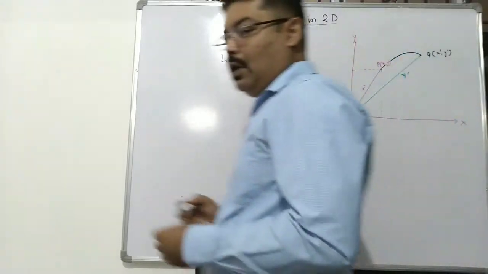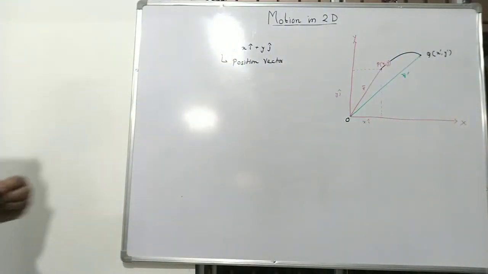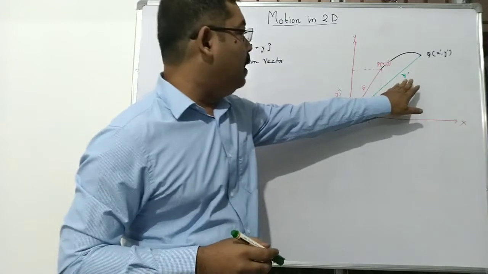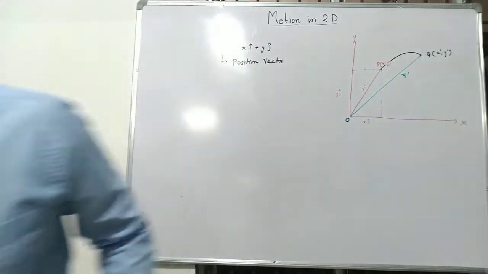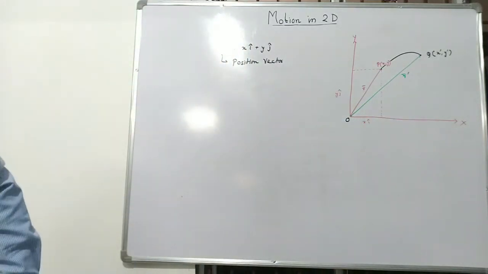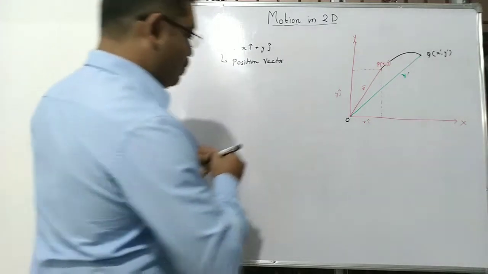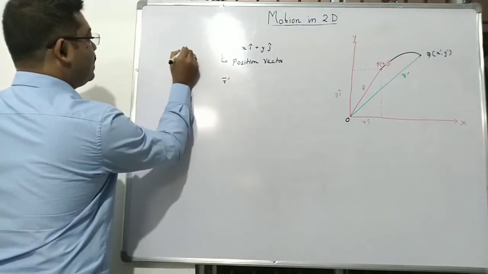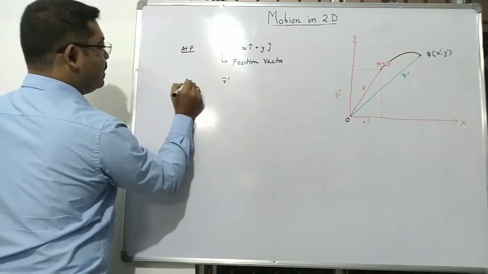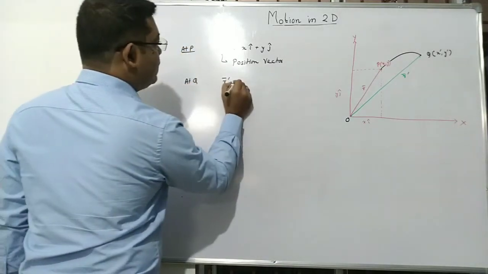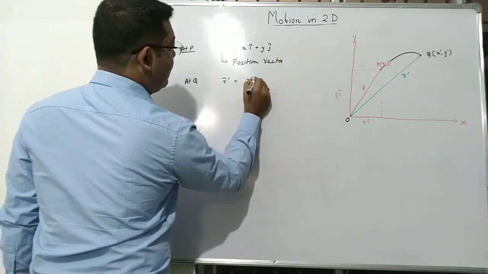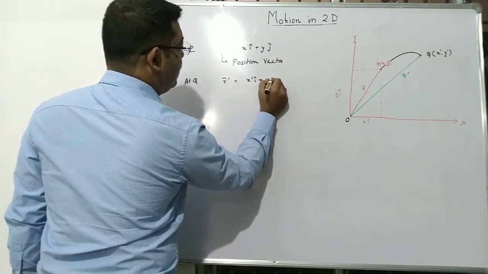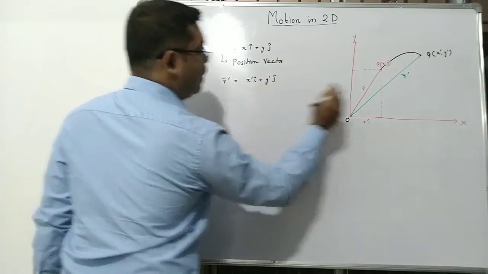The new position of the particle will be given by another vector r dash, which can be written in terms of its components, if this is at P and this is at Q, as r dash equals x dash i cap plus y dash j cap, the coordinates.